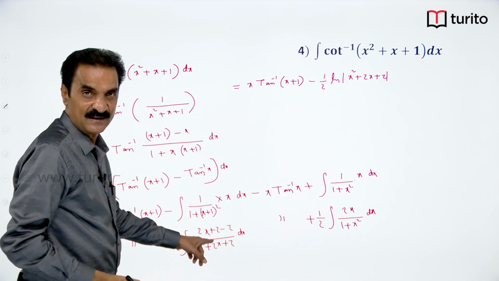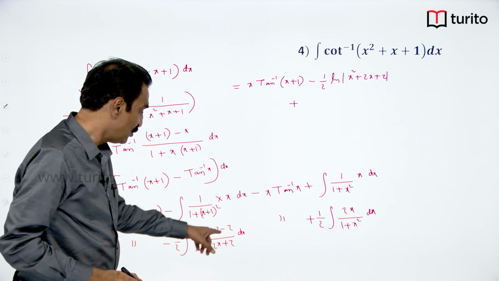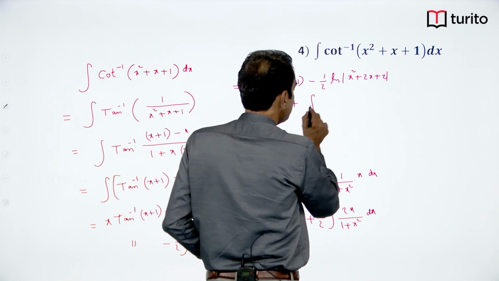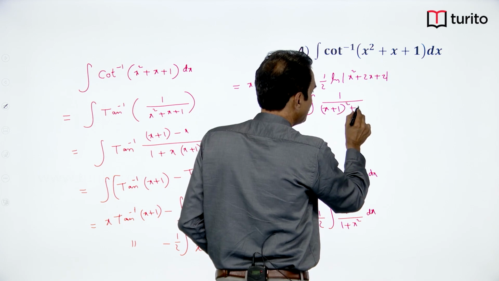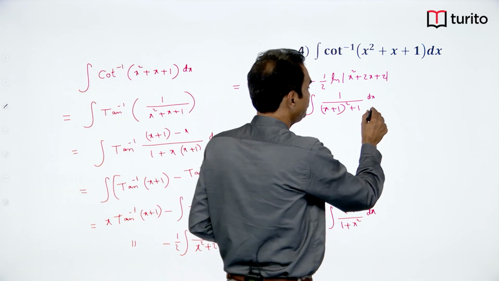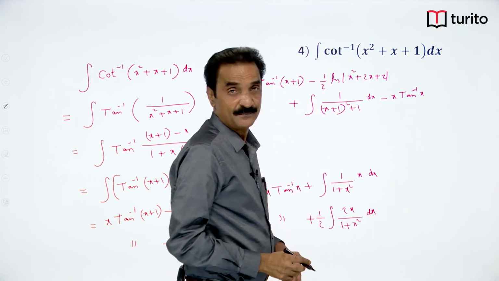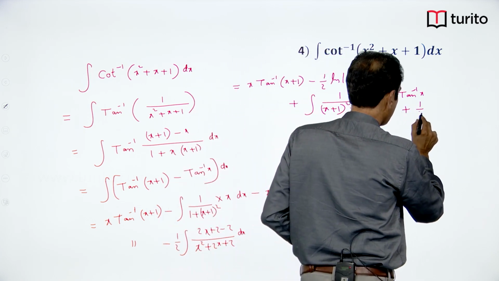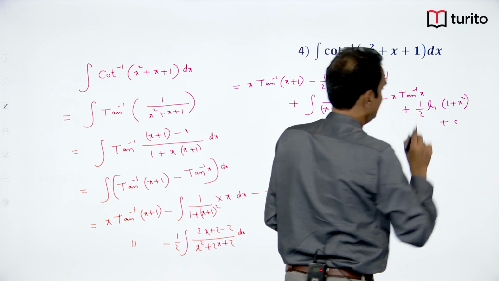Next, minus of minus plus, 1 by 2 into 2 is 1 plus, 2 by 2 is cancelled, 1 by x square plus 2x plus 2. We write it as 1 by x square plus 2x plus 2 can be written as (x plus 1) whole square plus 1. Okay. Minus x tan inverse x plus log mod 1 plus x square. Half is also there, half log 1 plus x square plus c.